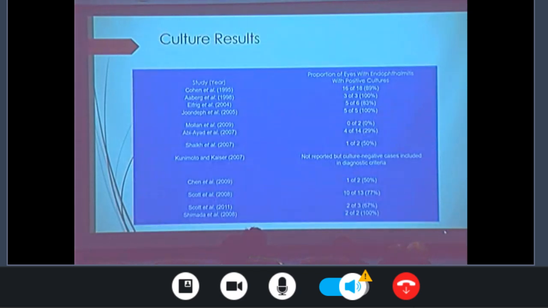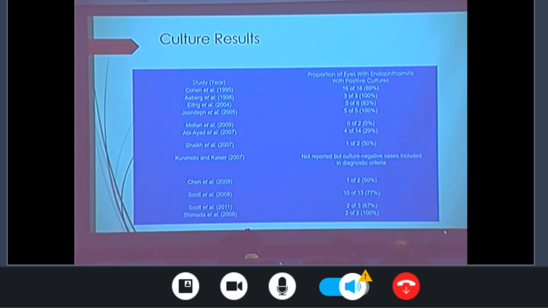So in this table, we can see some reports that have been published regarding culture positivity. As we know, it's frustrating to get a case of endophthalmitis, and we send the sample to the lab, and many times it comes back negative. So how can we compare this to what has been described in other centers? Most of these case series, as you can see, have a very small number of patients: 3, 6, 5.